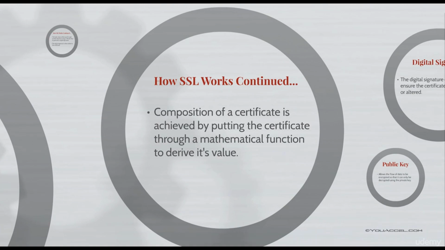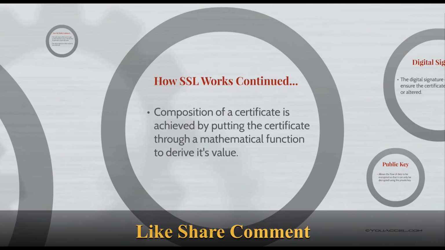The composition of a certificate is achieved by putting the certificate through a mathematical function to derive its value. To simplify this explanation, think of it as adding each byte in the certificate to obtain a value.